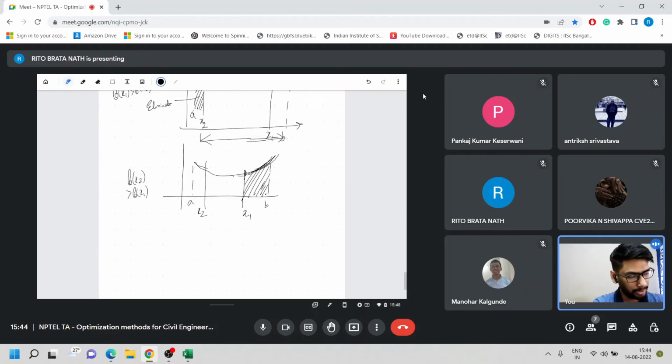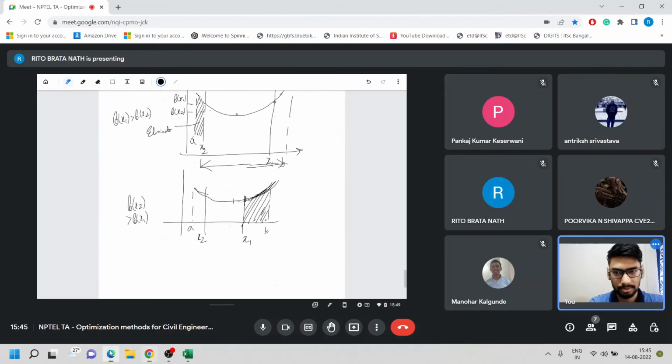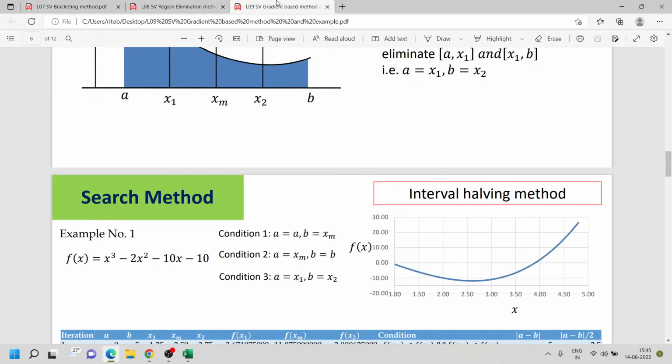Your x2 could have been here as well, so that's why you cannot eliminate the rest of the part that I have talked about, or probably here. Yeah, so that's the idea behind it. So you have to check it through these conditions.